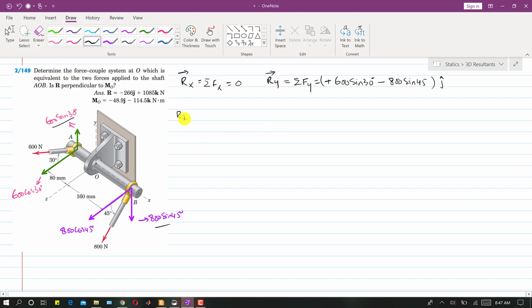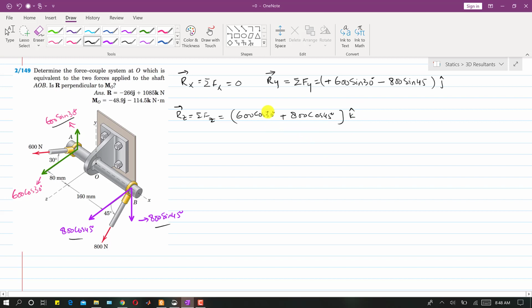And to find Rz, we take the summation of all force components along z. This component is in the positive z, so I will write 600 cos of 30 degrees, and similarly this one is also in the positive z, so we add those: plus 800 cos of 45 degrees, and this is along the positive k direction.